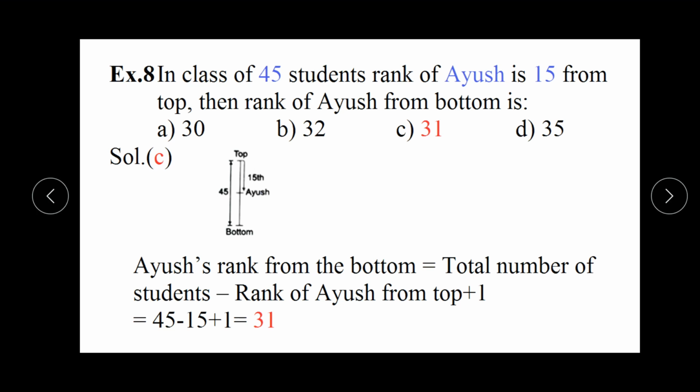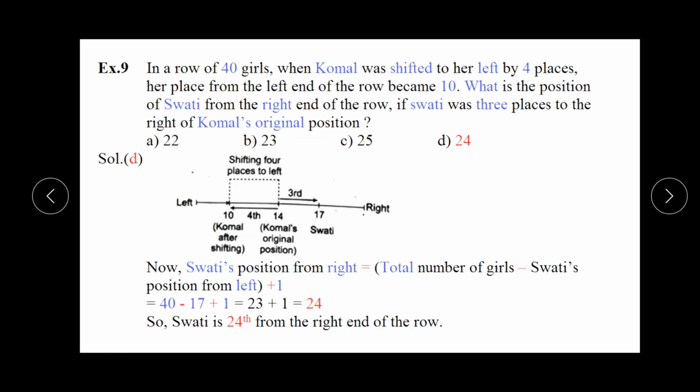These are the remaining persons which are lying below Ayush. But if we have to find out Ayush's position, that time we will add in that. It means we are adding 1. It means the complete is 45 minus 15 plus 1 is equal to 31.